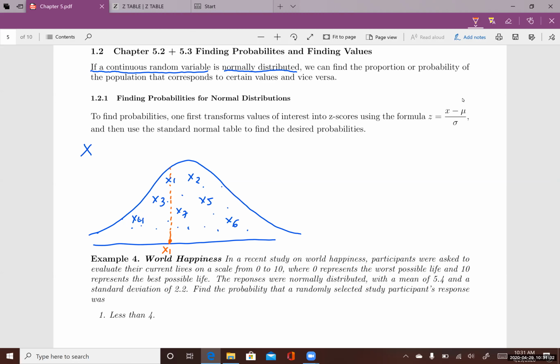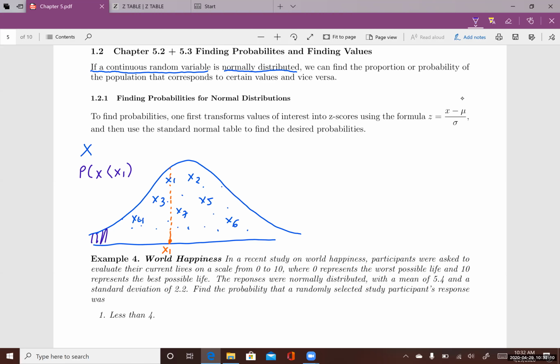Then using the bell-shaped curve, you can find the probability or the proportion of the entire population that corresponds to this value, x1. You can find the probability or the proportion of the entire population of this variable that is less than x1.